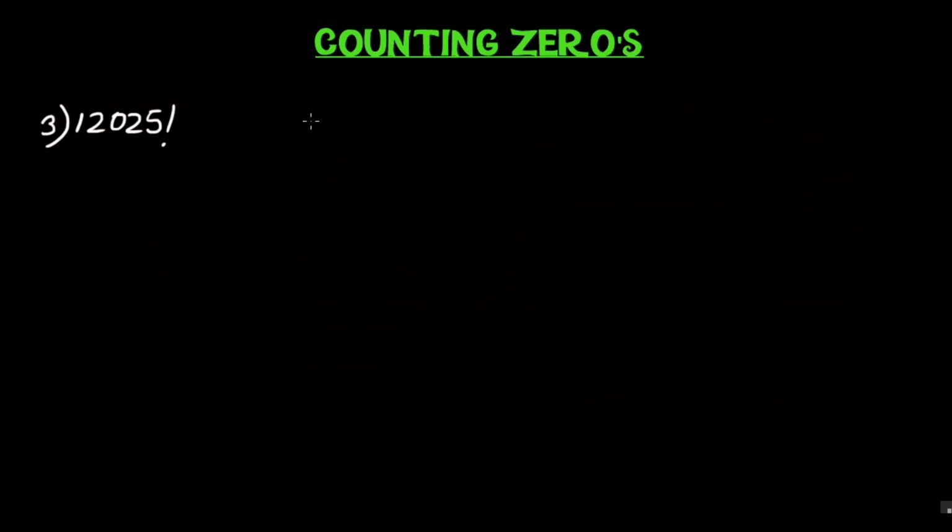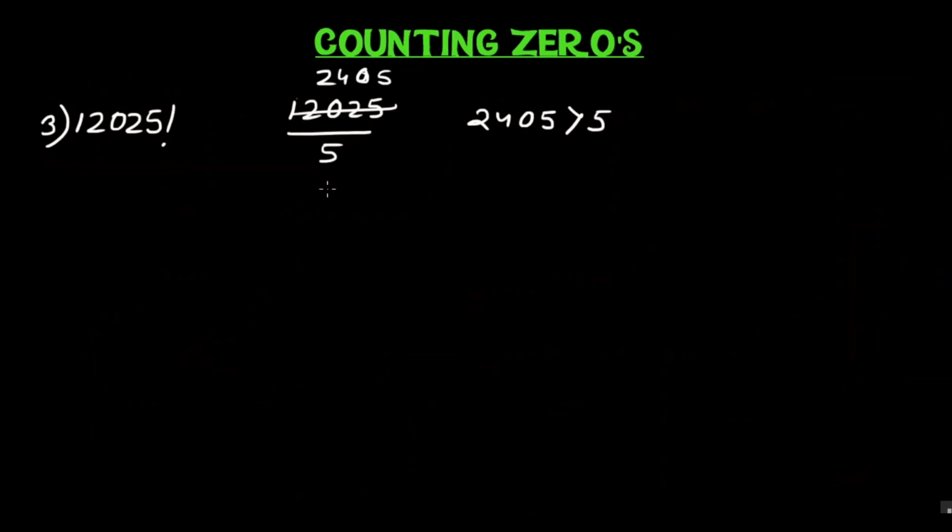Now suppose our next number is 12025 and we have to find the number of trailing zeros in its factorial. So we'll take 12025, we'll divide it by 5. We get 2405. Now 2405 is greater than 5.